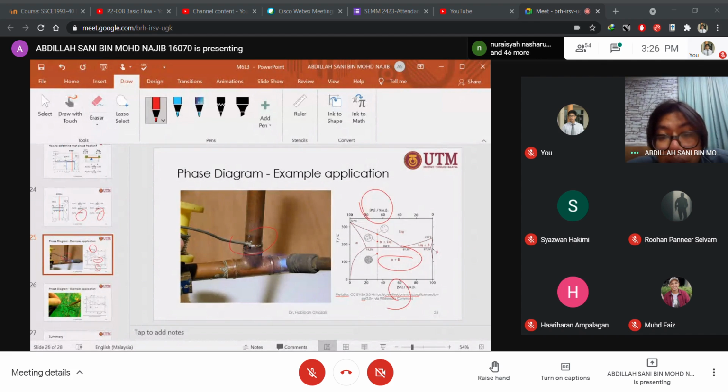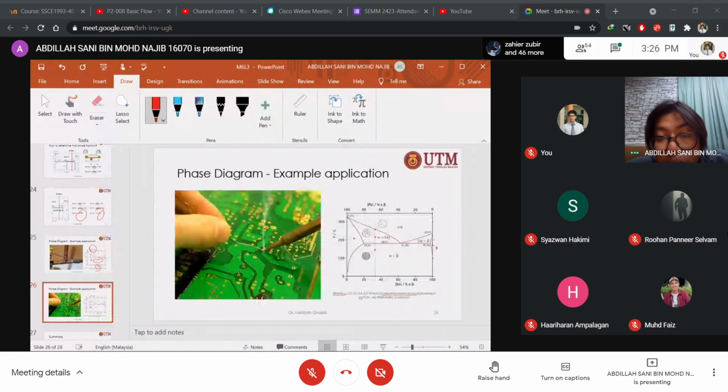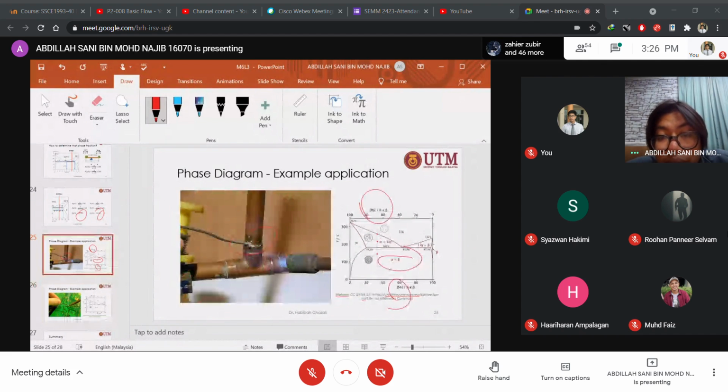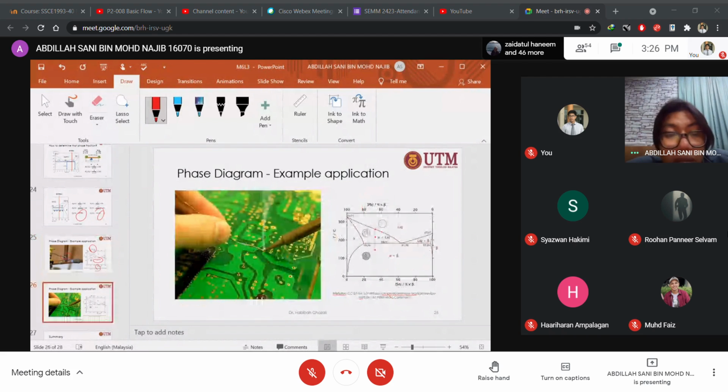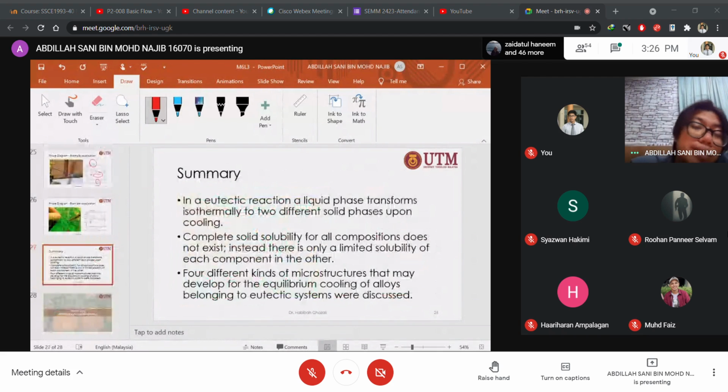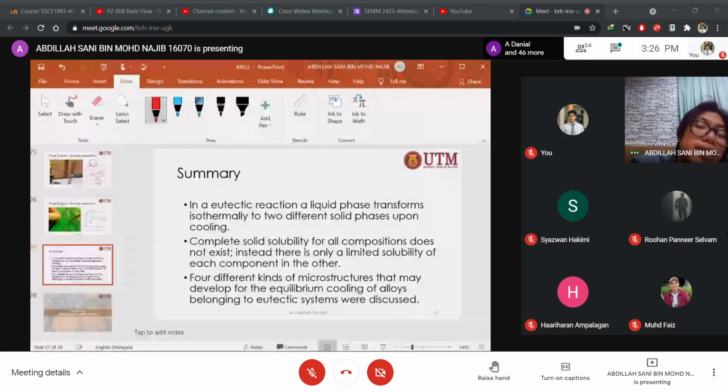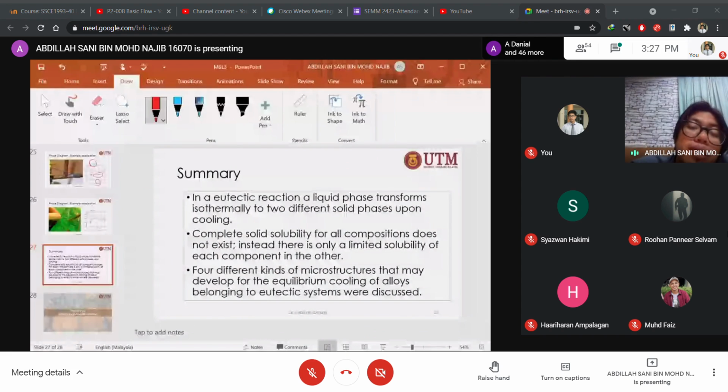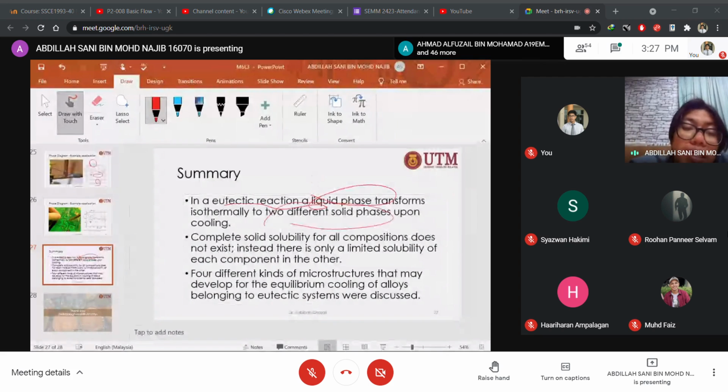Right. So in summary, all in all, eutectic reaction is a liquid into two different solid phases. Okay, that is one thing.